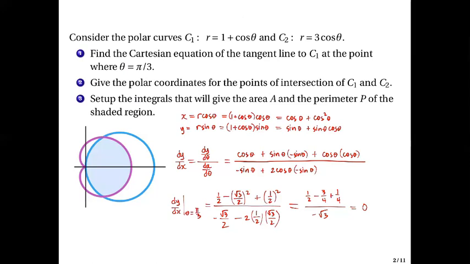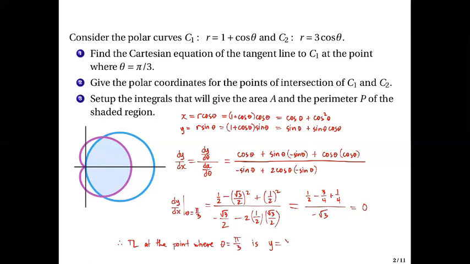So this is the slope of the tangent line, and therefore the tangent line is horizontal. Therefore, the tangent line at the point where theta equals pi over 3 has equation, so we just need the y value because the tangent line is horizontal. So we need the y value at theta equals pi over 3.